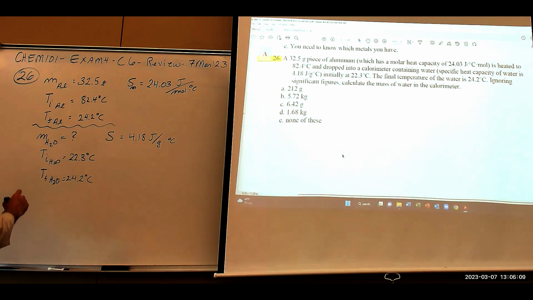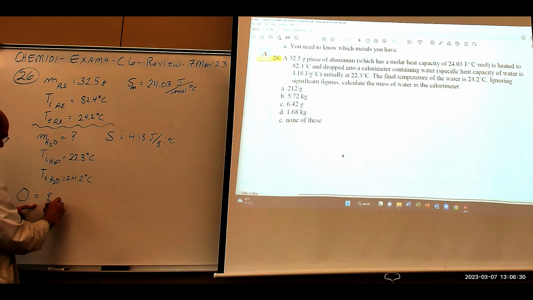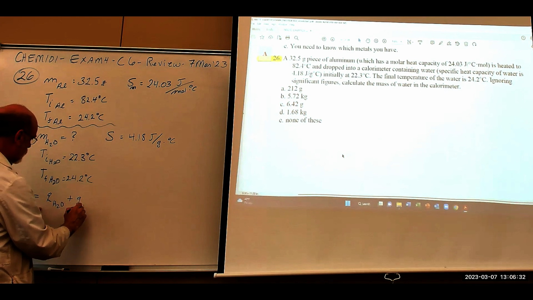So what are we going to do with this? Well, everything that happens in Vegas stays in Vegas. It's zero. All these heat transformations have to equal zero inside the calorimeter. So let's do the water first. This is going to be the heat for the water plus the heat change for the aluminum.